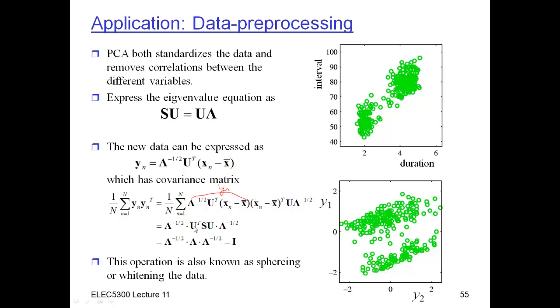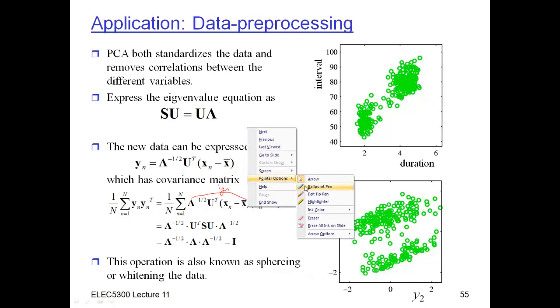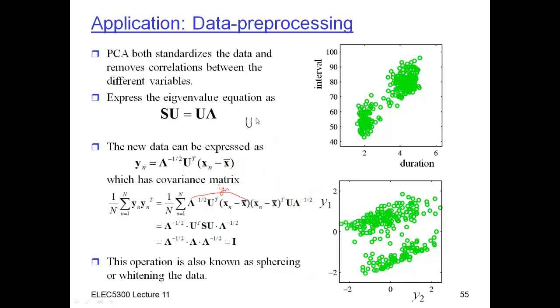So I get this expression here, but now I know that U transpose times S times U is just equal to lambda, right? I can get that by just multiplying left by U transpose here, and noting that because this is orthonormal, U transpose times U is going to be equal to the identity matrix.